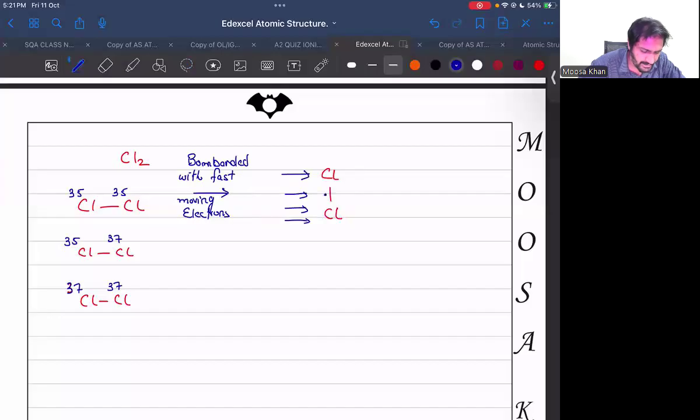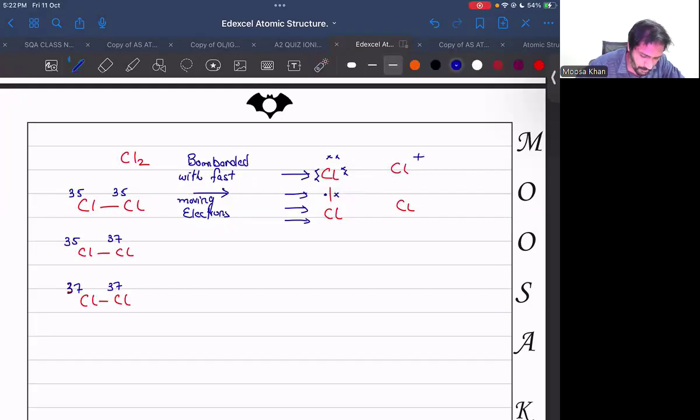They may collide with the electrons of the shared pair, or with the electrons present as a lone pair in the valence shell. So when the fast moving electrons hit these electrons, they may knock them out from their shells. And when they knock them out, obviously the bond between these 2 chlorine atoms would break, and there is a possibility that one of the chlorine atoms loses one of its electrons, so it will get a charge of +1.